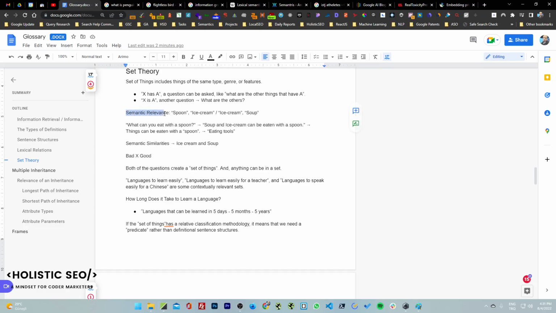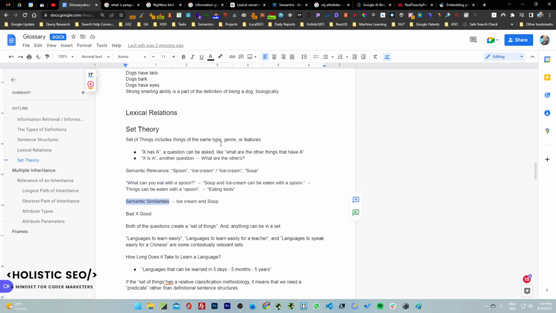Do you know the difference between semantic relevance and semantic similarity? Any guess? Relevance is the relationship between two words semantically, while similarity is just whether they are similar or not. Yeah, basically, even if two things are relevant to each other, they might not be similar. Even if two things are similar to each other, they still might not be that relevant.